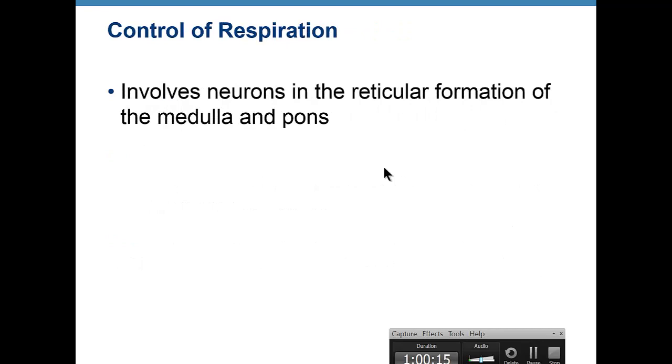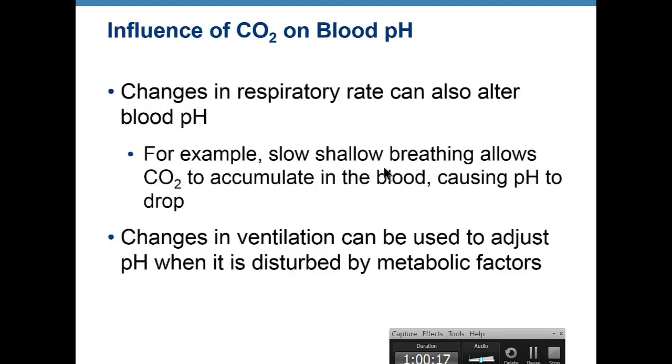Okay, so back to hyperventilating. It causes CO2 to accumulate, and CO2 makes acid, so that's going to cause pH to go down, right? So we want to slow the breathing rate down. If the body needs to adjust the pH, it can do that just by affecting the respiratory rate.